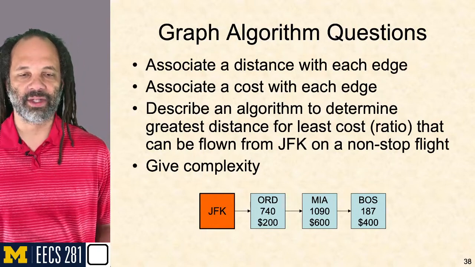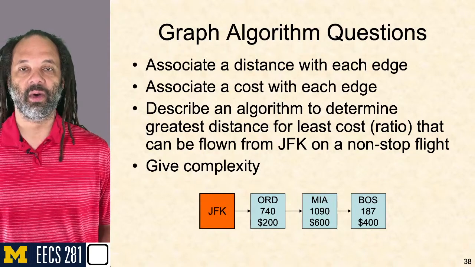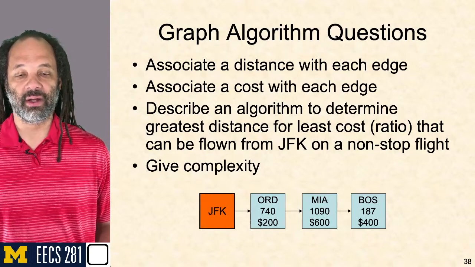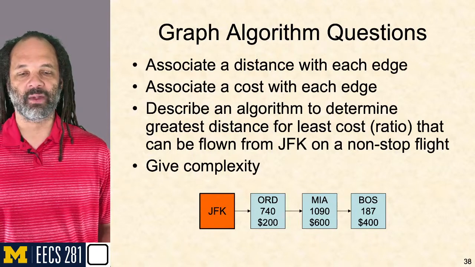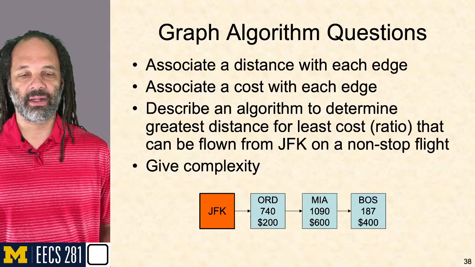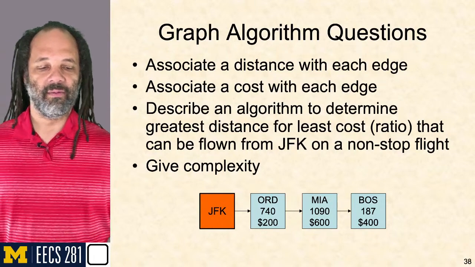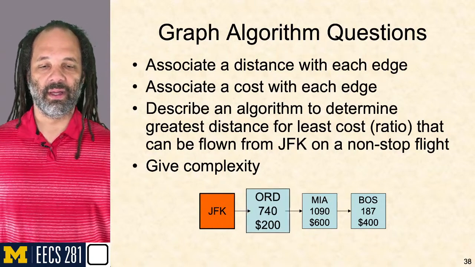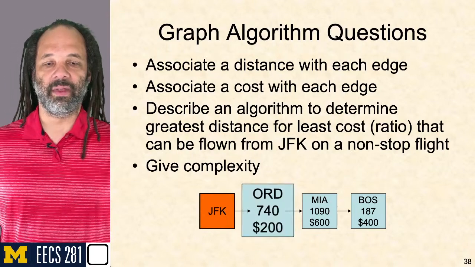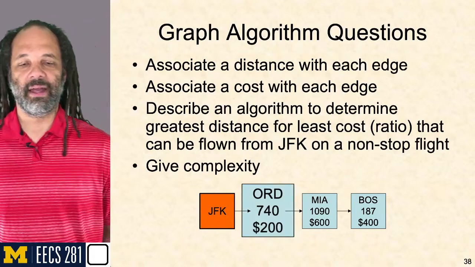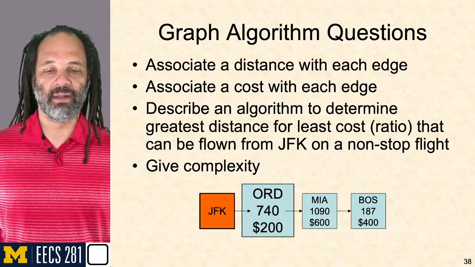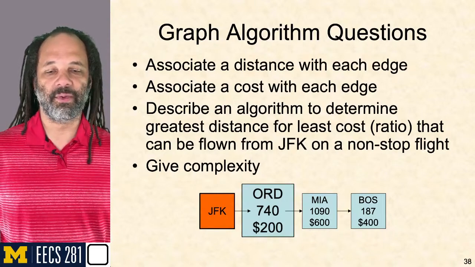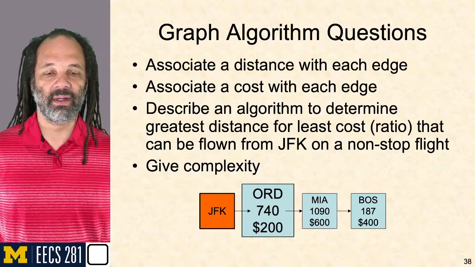The hint in the question there is a ratio. So obviously we're going to have to do some division there. So we do some division to find out the miles per dollar spent, and just figure that out. Looks like ORD is the winner there, right? If I divide that, 740 divided by 200, it's over 3.5 miles per dollar there.